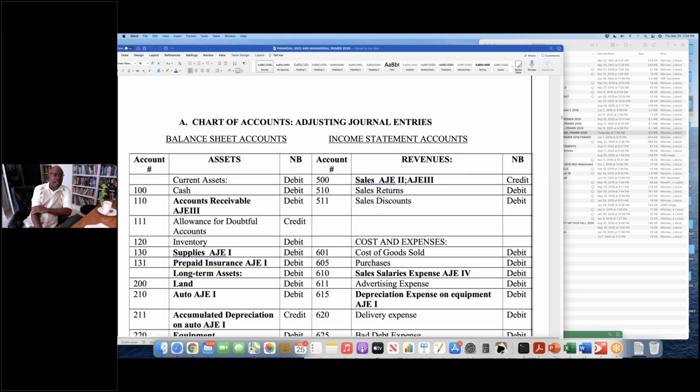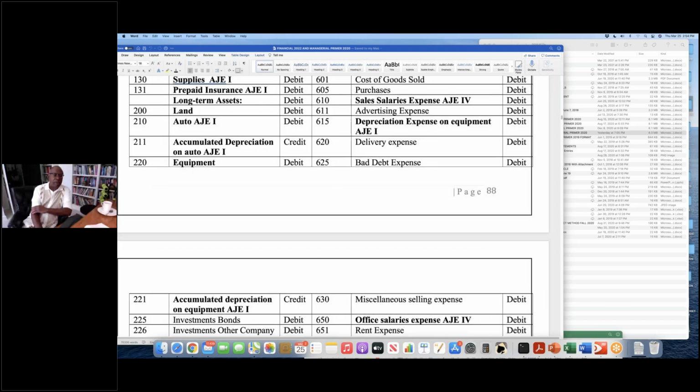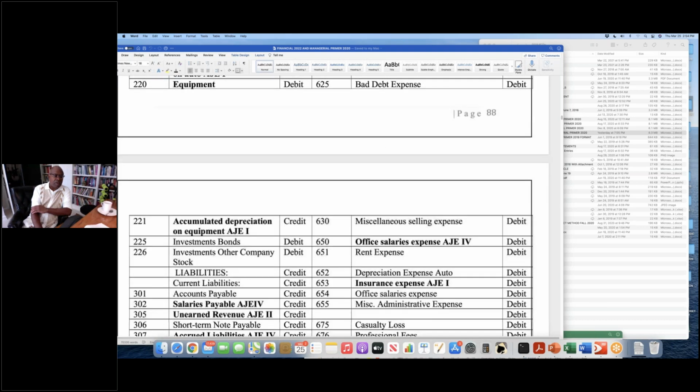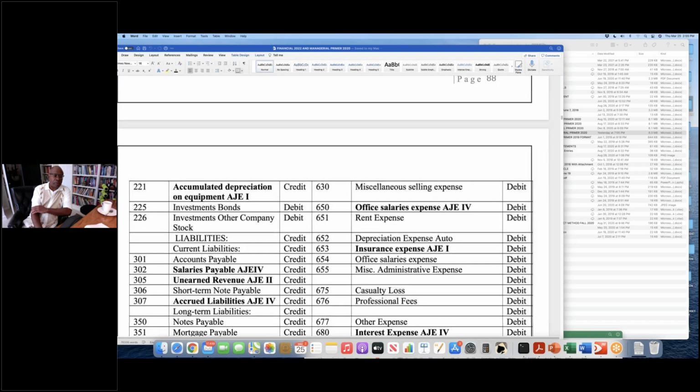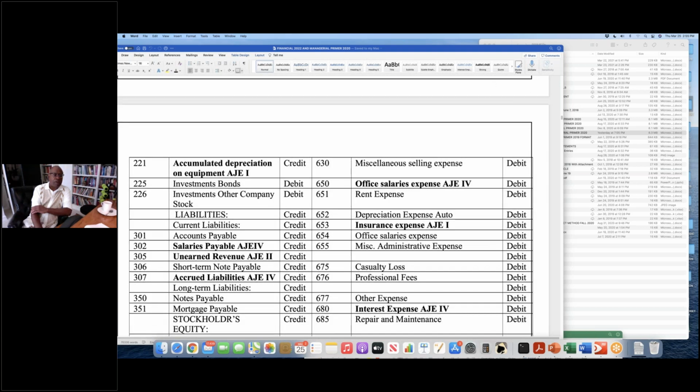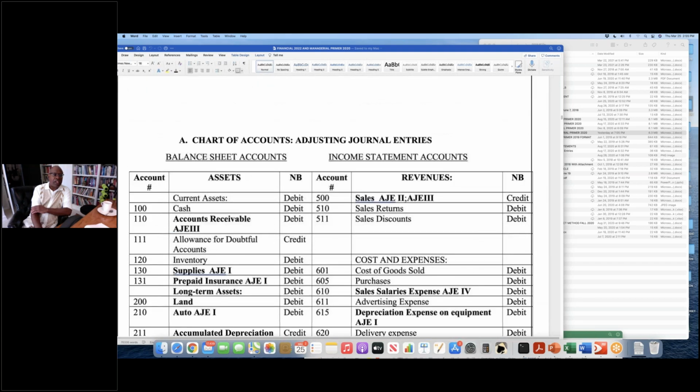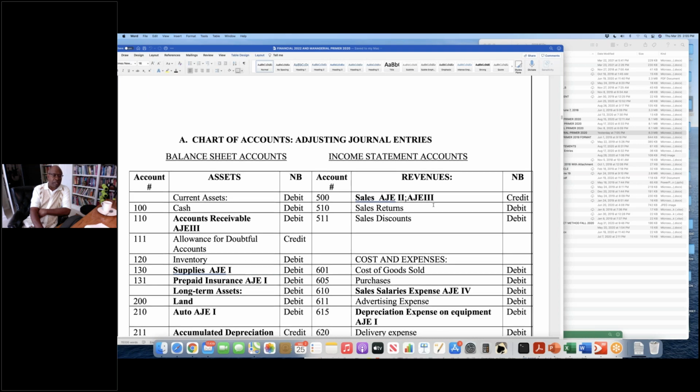And we said if you had an AJE 3, which involves accrued revenue, then accounts receivable or some other interest receivable is going to be debited, and sales are going to be credited. So these are the accounts that are involved in a type 3 adjusting entry.